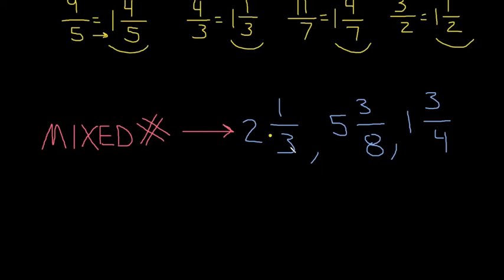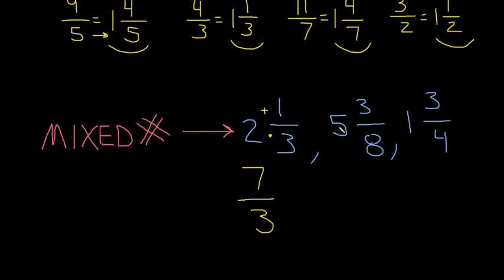So 2 times 3 is 6, and then you add the numerator. 2 times 3 is 6, plus 1 is 7, and then we keep the denominator again. So 7/3 is equivalent to 2 1/3.